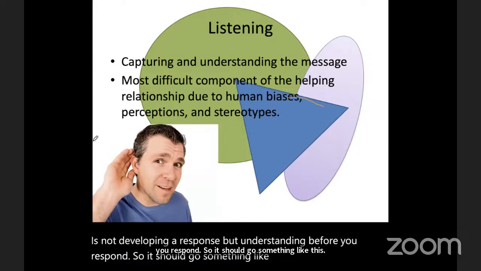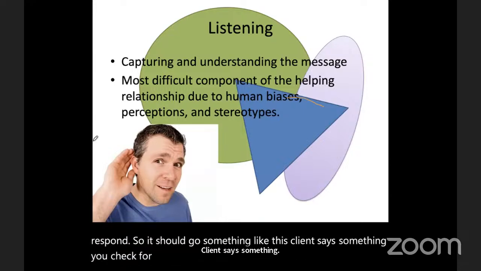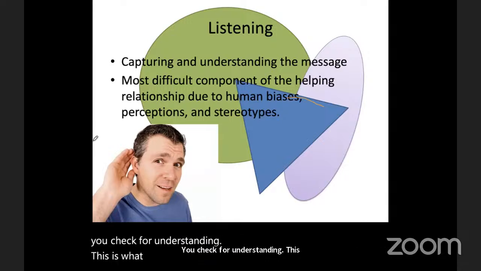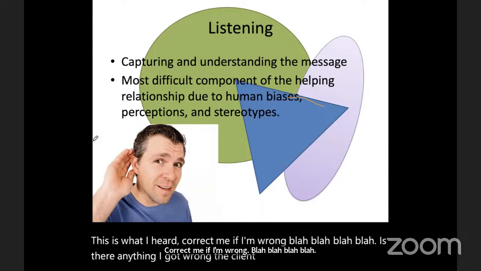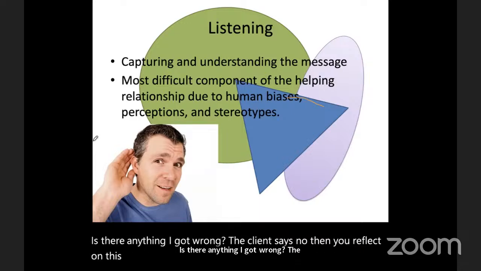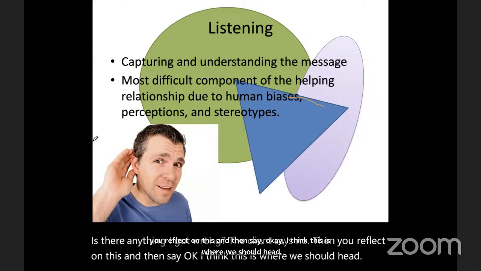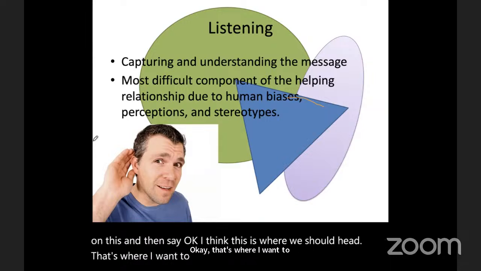The client says something, and you check for understanding. This is what I heard. Correct me if I'm wrong. Blah, blah, blah. Is there anything I got wrong? If the client says no, then you reflect on this and then say, okay, I think this is where we should head. Okay, that's where I want to get us.